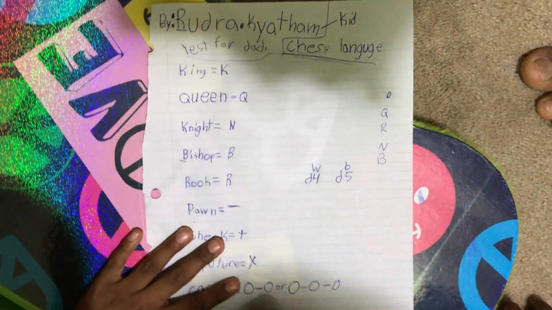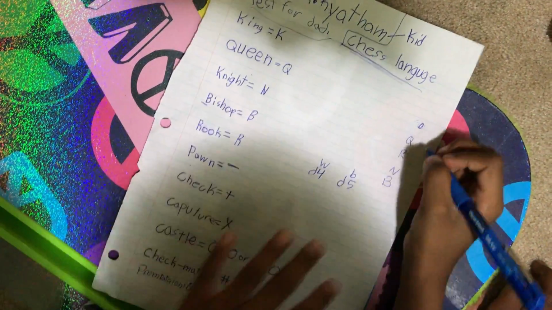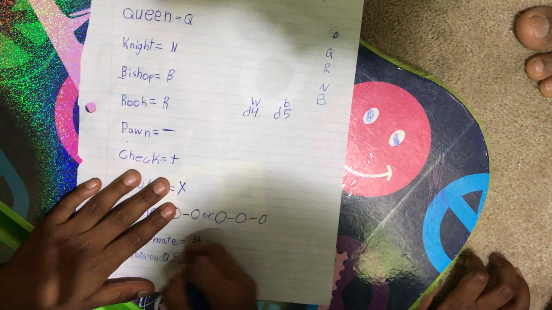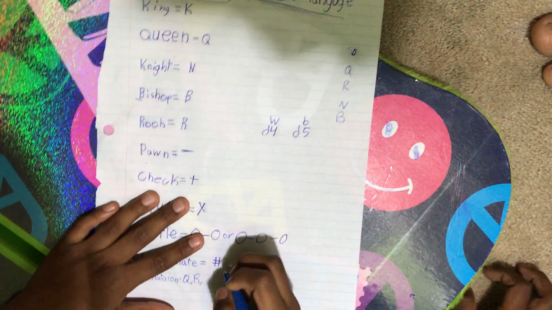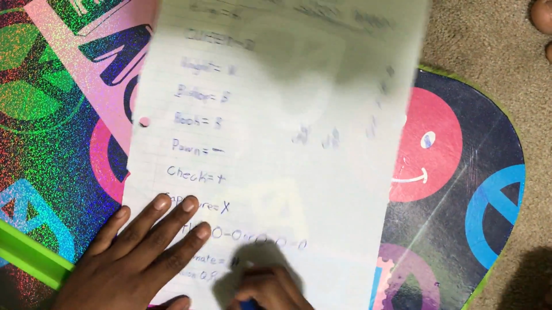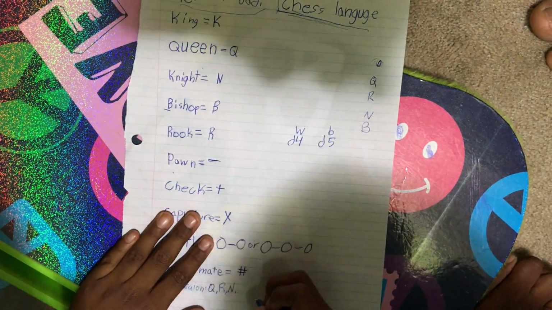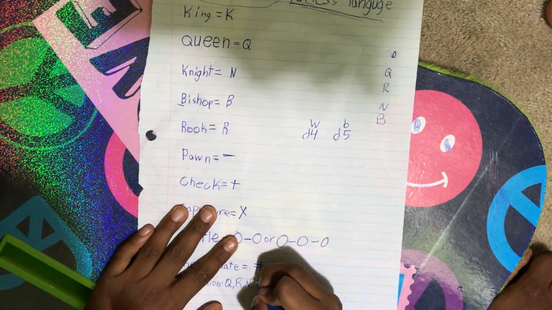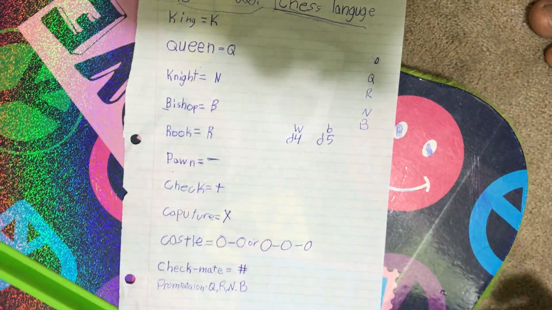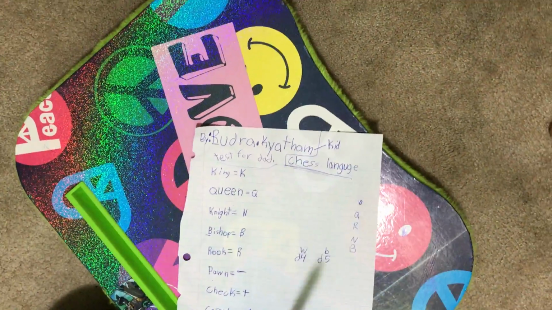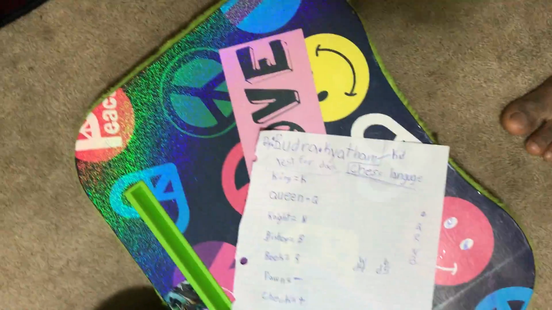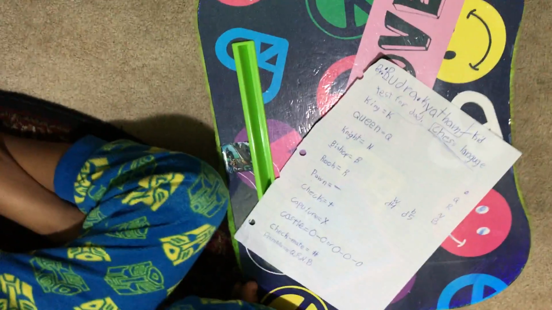So if you want a queen, you just say queen. Or you can put a rook if you want to turn into a rook. If you want to turn into a knight, you say N. And if you want a bishop, you say B. And you can't turn into a king because you can't have two kings, or else it would be really hard to make a checkmate. And you can't get another pawn.